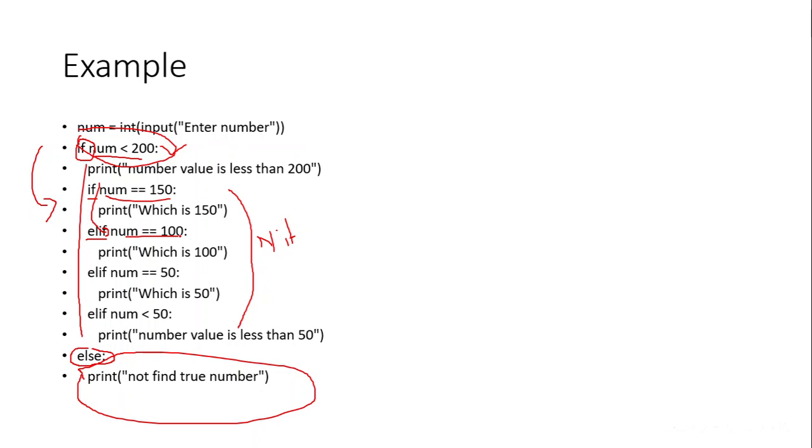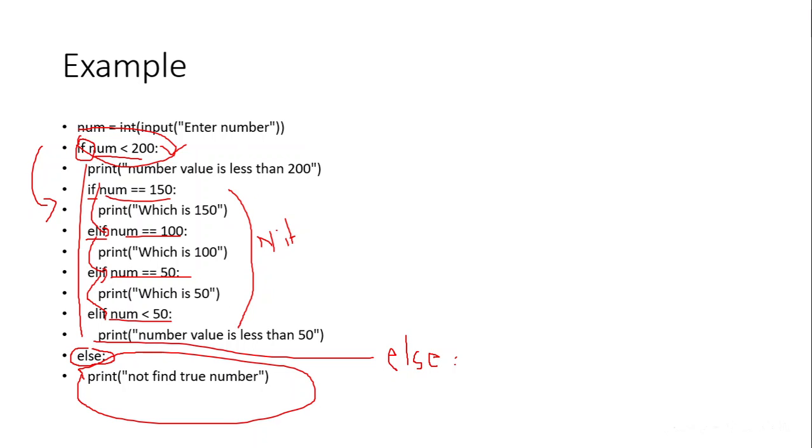If that condition is not true, it goes to the next one. If even that is not true, it goes to the following condition. And if no condition is true at this moment, then we can add one else block that is always executed when no other condition is executed. So this is the logic behind the if else statement in Python.